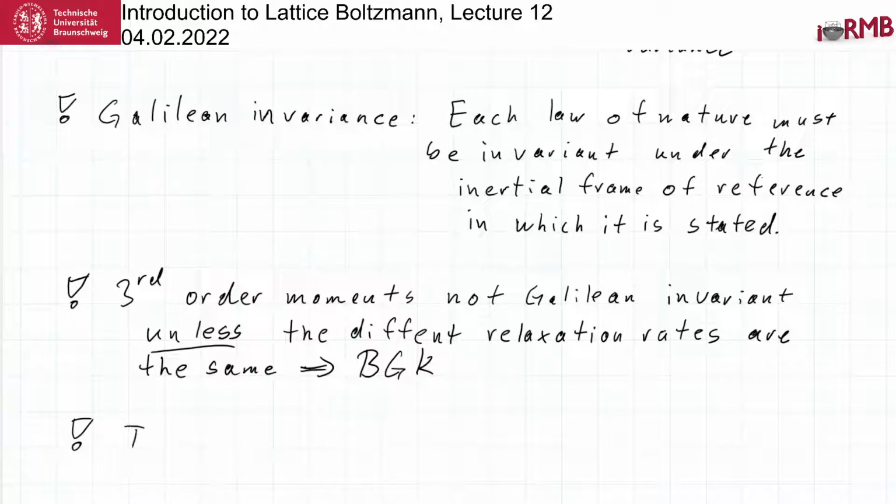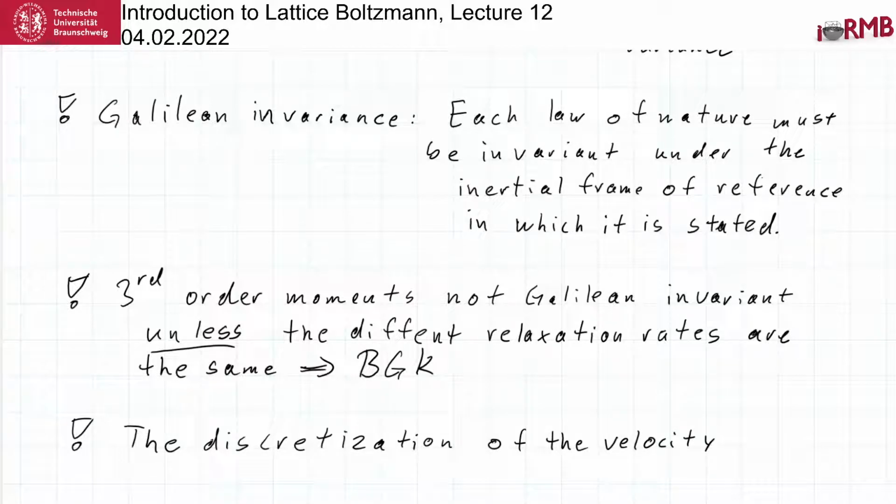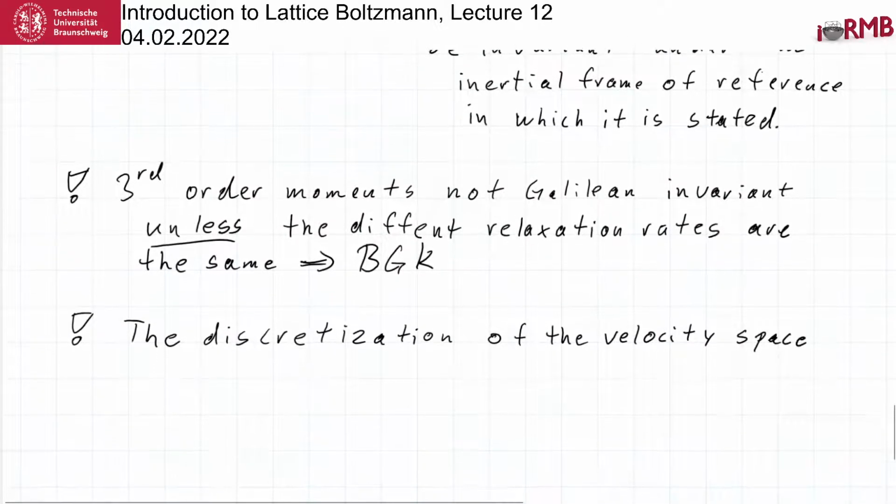The discretization would of course cause additional problems to Galilean invariance, but in that particular case, the discretization of the velocity space was not assumed here.